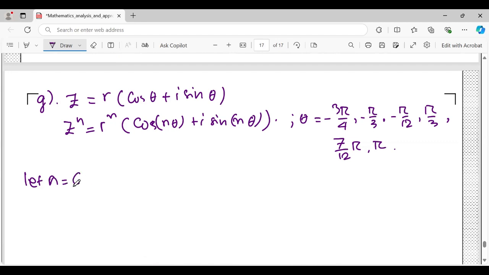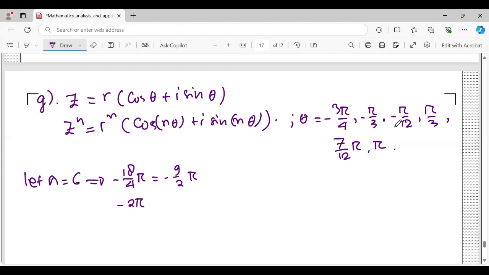If n equals 6, so it's going to be 6 times 3 over 4 becomes minus 18 over 4 pi, or it is minus 9 half pi. If 6 times this one is going to be minus 2 pi.